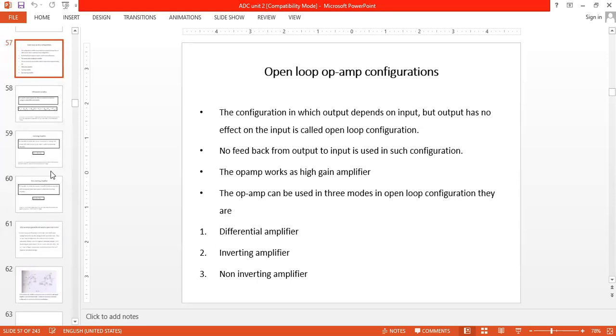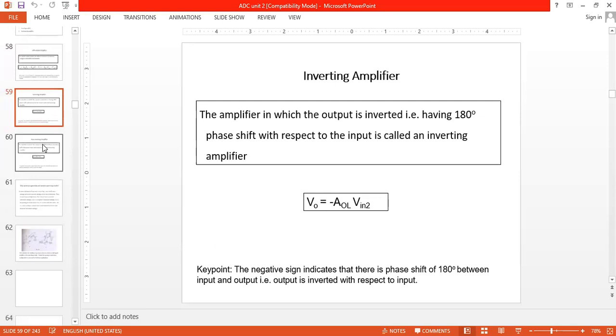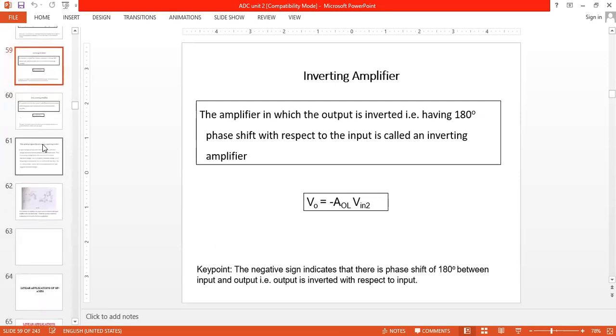In open loop configuration there are three configurations: differential amplifier, inverting amplifier, non-inverting amplifier. For the differential amplifier, V out is equal to AOL of VD, which is AOL times (V1 minus V2). Inverting amplifier is the amplifier in which the output is inverted.